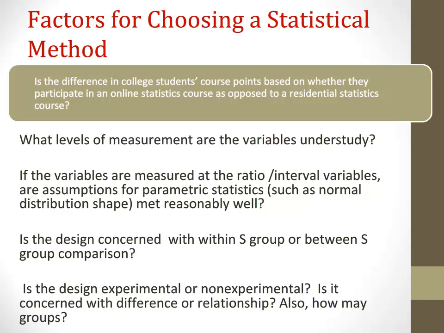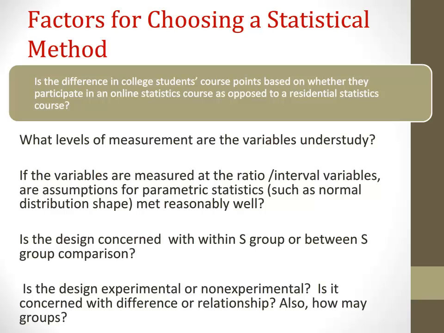Well, if we look at the study, it says that you're looking at the course points based on whether students participate in an online course versus a residential. So this really implies that there are two separate groups. So we're going to do a between group comparison.